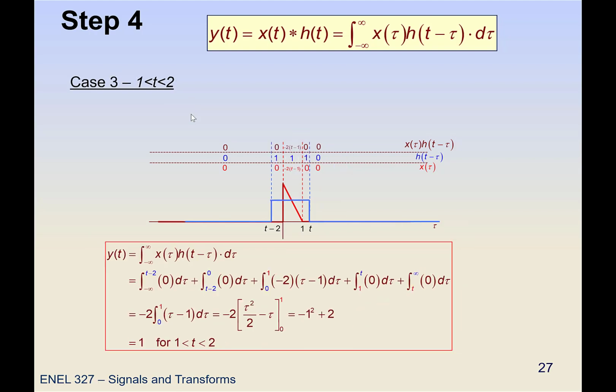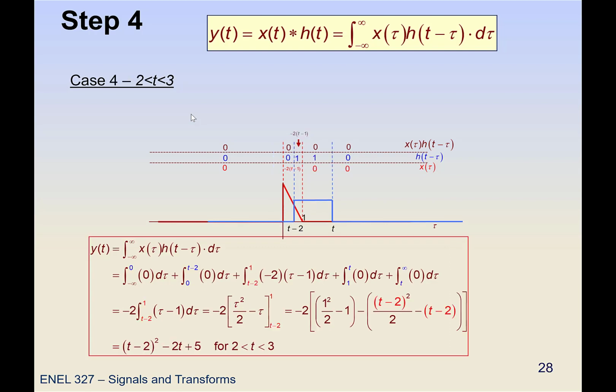So then that trailing edge gets into the triangle, and now we have just this region in here which has a non-zero functional form, and that is from t minus 2 to 1. So that's this guy right here. And if you solve all of that, you will get that. And that is going to last until this blue line gets to here. That's when t minus 2 equals 1, or in other words, when t equals 3.